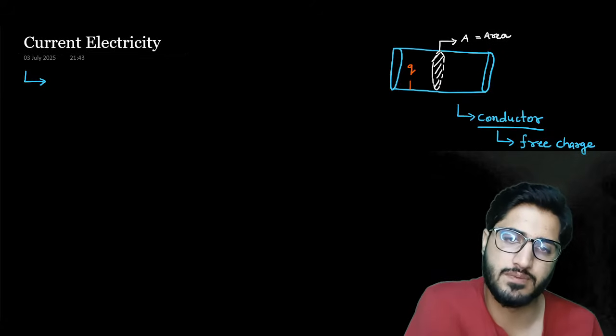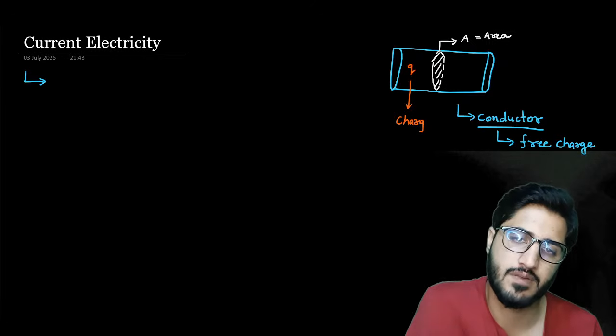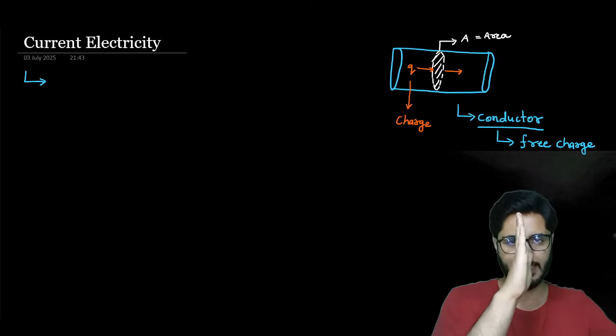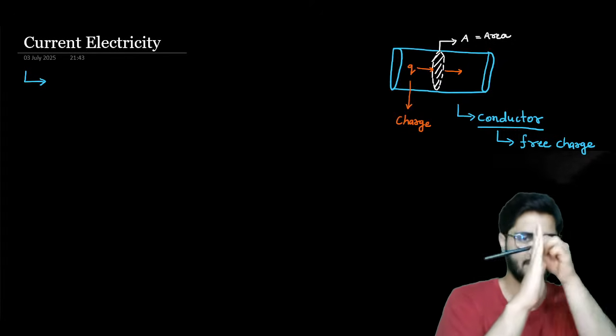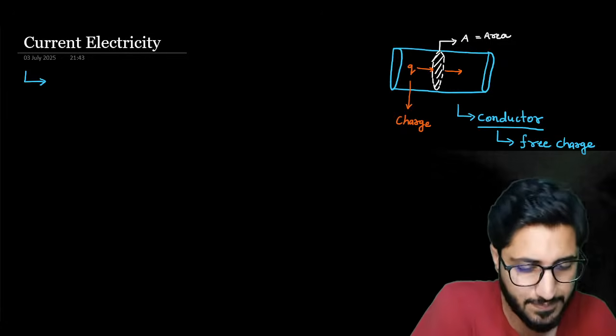What is this Q? Sir, Q is charge. This charge is flowing. That means it will cross this particular area. This is my cross-section area. The charged particle is crossing this area.